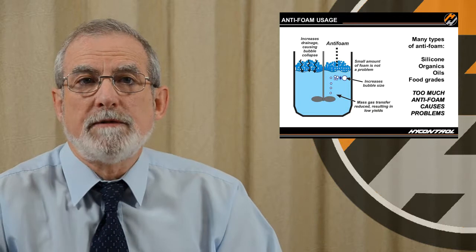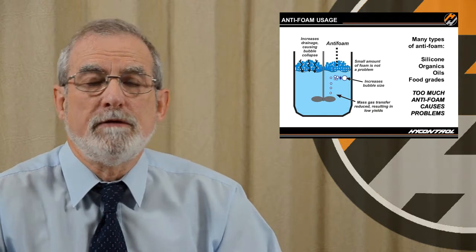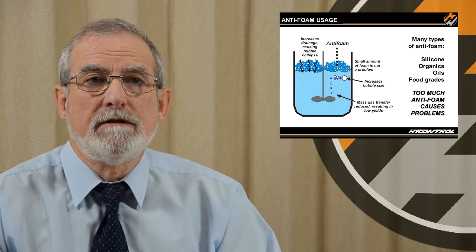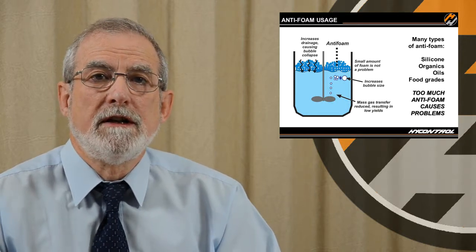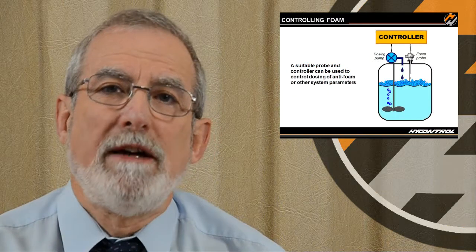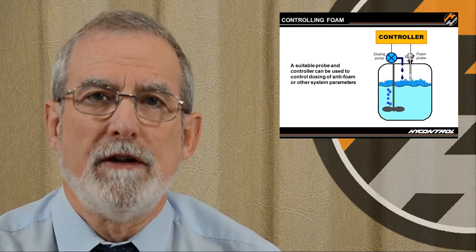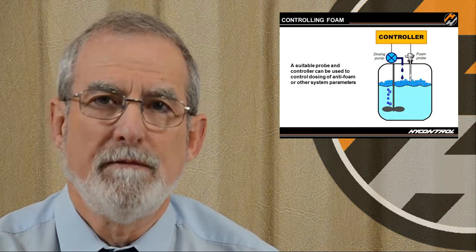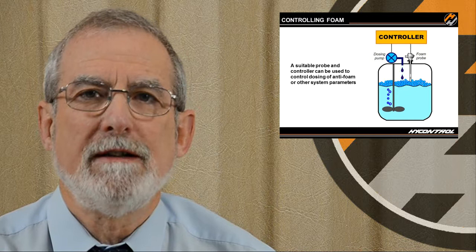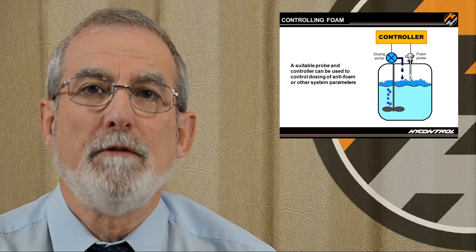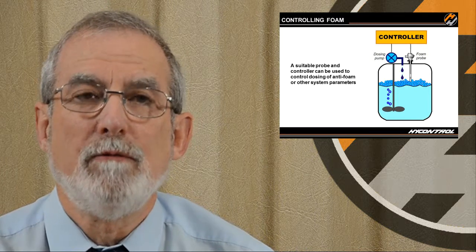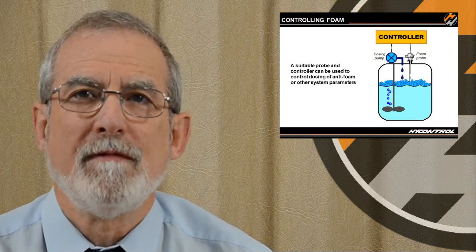There are lots of different types of antifoam that we can use that are suitable for different situations, made of different materials. There are food grade versions, but again we don't want to add too much. A better way of doing it is to measure the foam. If we measure foam, we detect when it's there and when it's not there, we can do something as a result of the foam being generated, and when there is no foam we don't have to do anything.